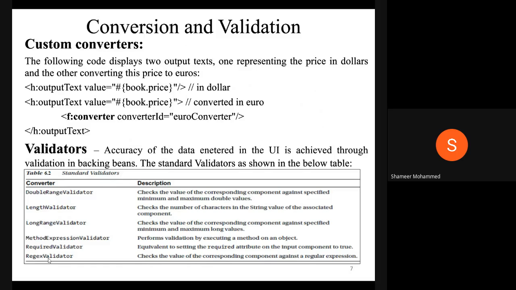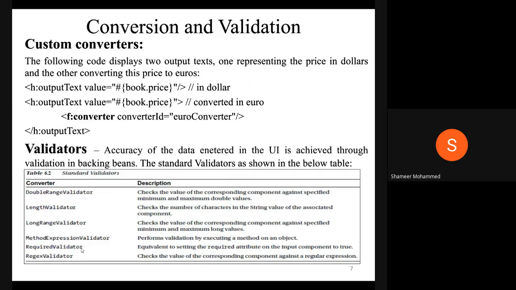So I want to check whether the student ID has cas.edu.om. Then I have to write my own pattern. That is used in this regex validator. I think you have studied this in your dynamic web development course. JavaScript you can use. Okay, that is the regex validator.